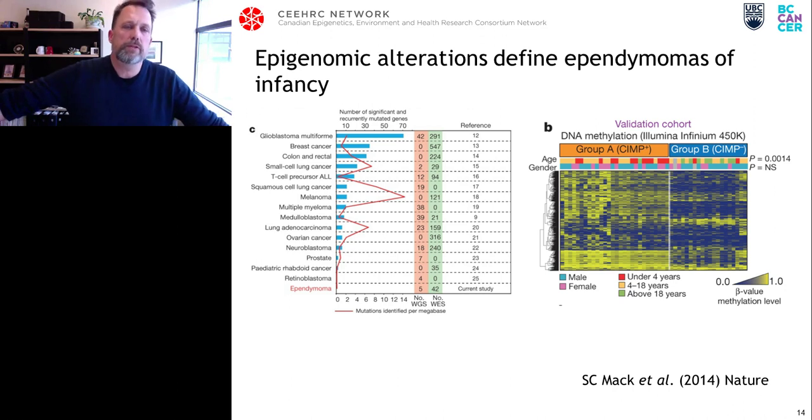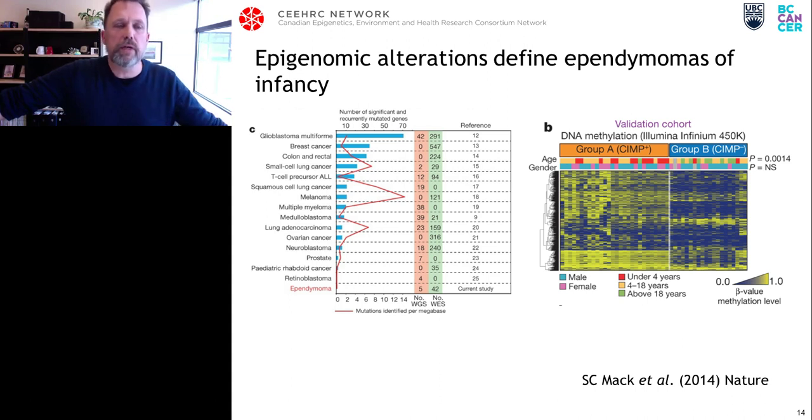Another type of tumor that appears to be driven by epigenetic dysfunction is again a pediatric tumor, in this case ependymoma. And this particular tumor is actually the only tumor that, at least I'm aware of, that appears to not have any genetic mutations to epigenetic modifiers, but rather appears to just have evidence of an epigenetic alteration.